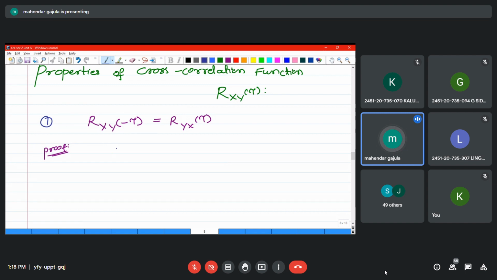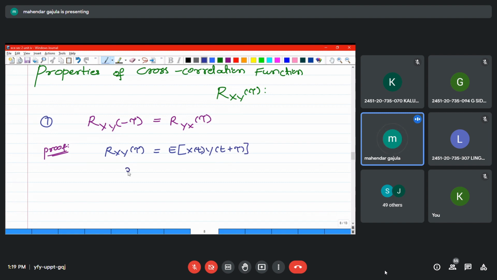So how to prove this? First let us write the formula of Rxy tau. It is expectation of xt yt plus tau.